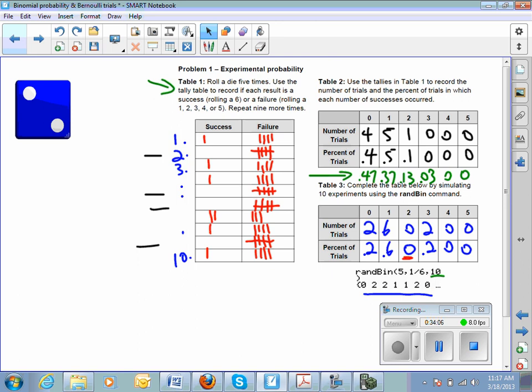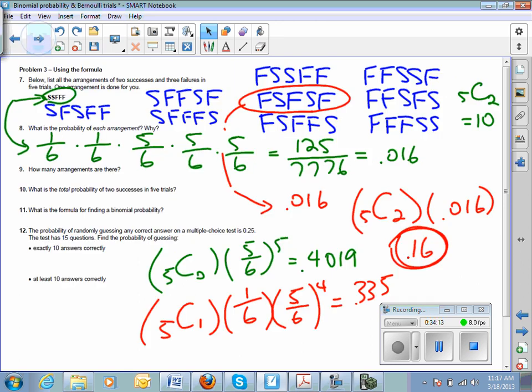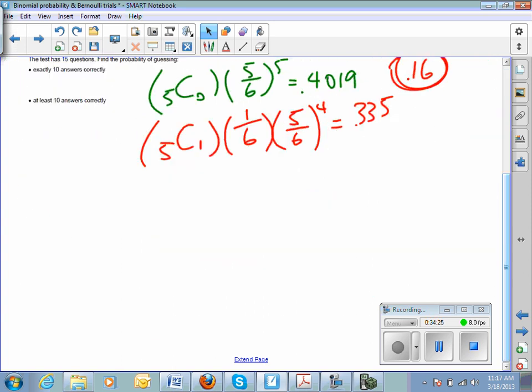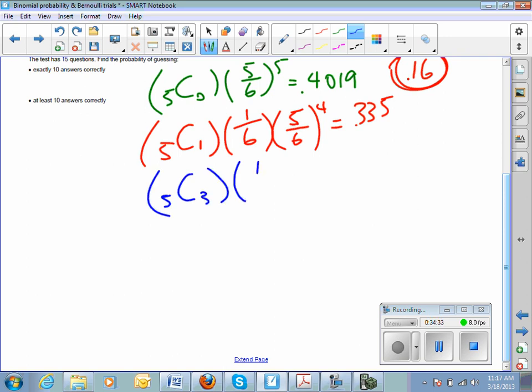So in spite of the fact that the first one didn't go quite so well for us, the second one we're dead on here. All right, what about the probability of 2 successes? Oh, we did that already. 3 successes? I got 0.032.